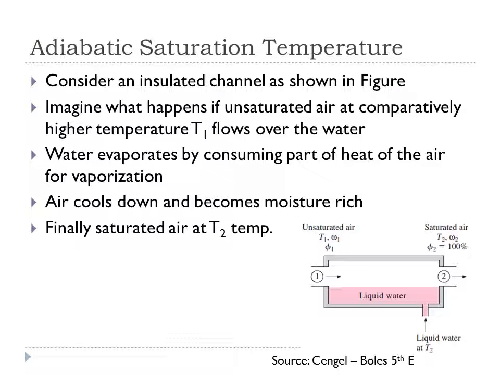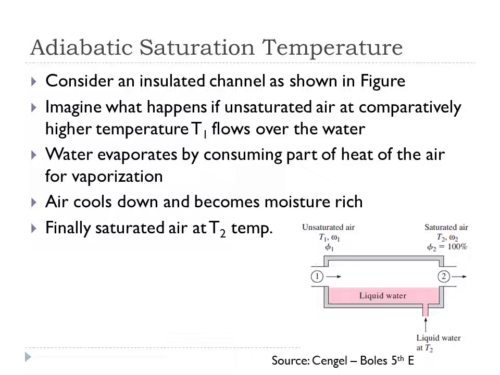And finally, when it comes out at section 2, since the channel is quite long, the air coming out of this channel would become saturated. That means whatever quantity of moisture it can hold, it has already acquired. While it is becoming saturated, since it has sacrificed some of its heat, its temperature decreases.